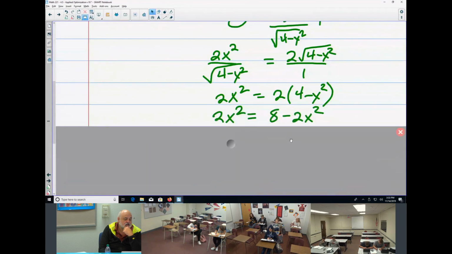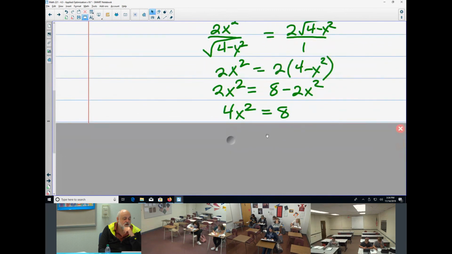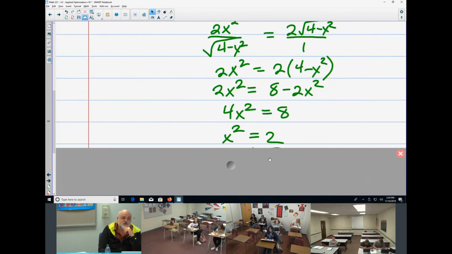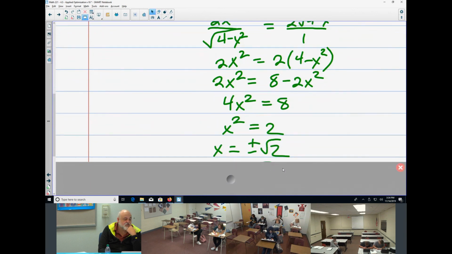When you combine like terms, you move the 2x squared and just add the coefficients. You don't mess with the exponents. So it's going to be 4x squared equals 8. Divide each side by 4. x squared equals 2.